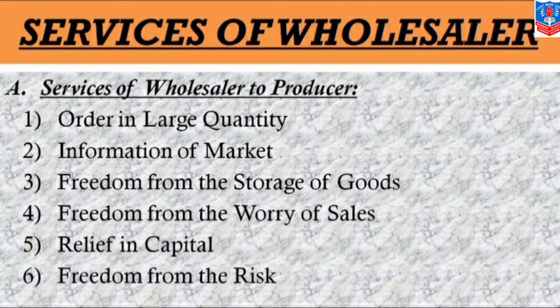Wholesaler obtains information from many retailers regarding demand of product, taste, preferences, fashion, etc., and conveys it to the producer. Hence, the producer becomes acquainted with the present situation of the market and sometimes suggests changes with reference to goods as required.